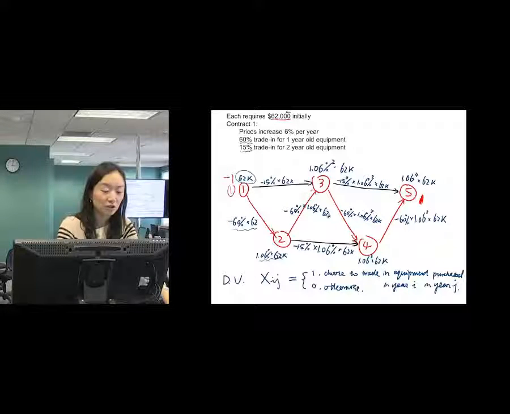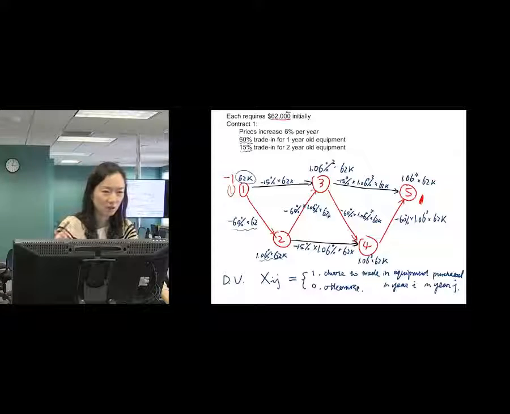The logic is that if you're trading in the second year and you choose this one, then you have to go from this second year to 3, which means that you can't just start from 4 unless you're trading in 3 to 4. So there is some logic involved in that kind of modeling. You can model this problem a different way, but it's way too complex.